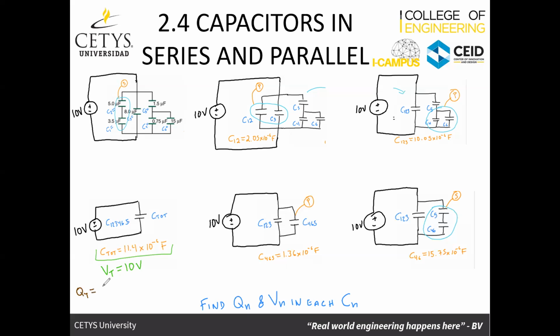The total charge is going to be the total capacitance times the total voltage, which would be 11.4 times 10 to the minus 6 farads multiplied by 10 volts. So the total charge is going to be equal to, so please do that calculation.